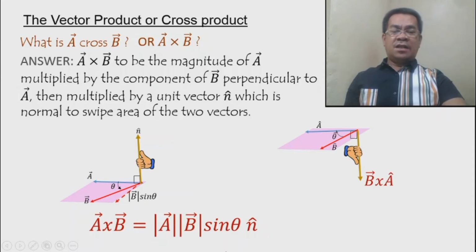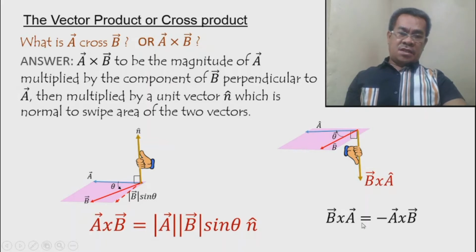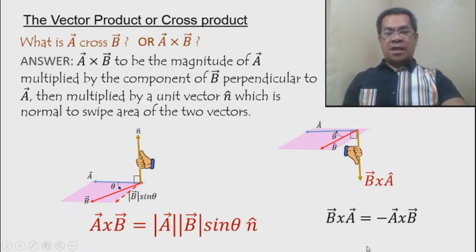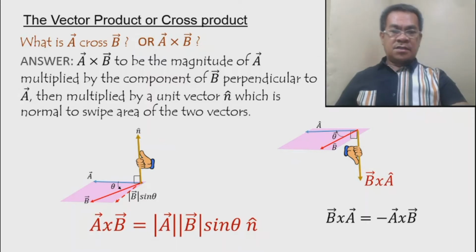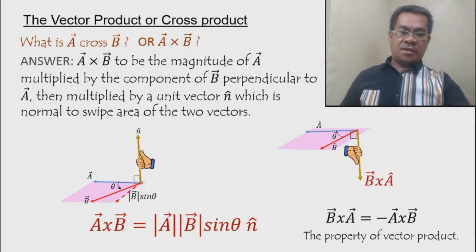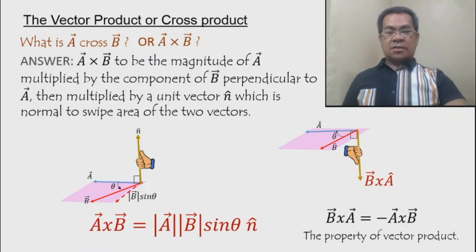So practically, B cross A is equivalent to the negative of A cross B. So B cross A is the negative cross product of A cross B. So they are of the same magnitude but in opposite direction. So they are not equal actually. Unlike for the scalar product. Okay? So we call this the property. This is the property of the vector product.